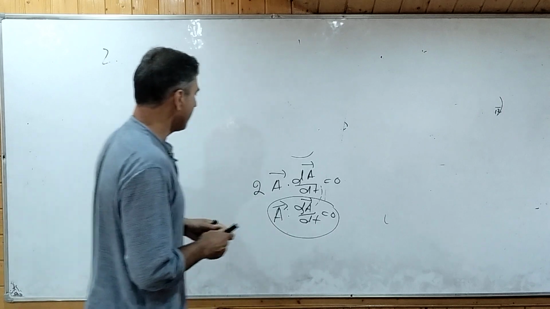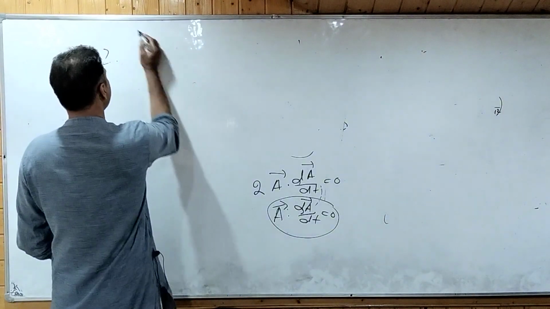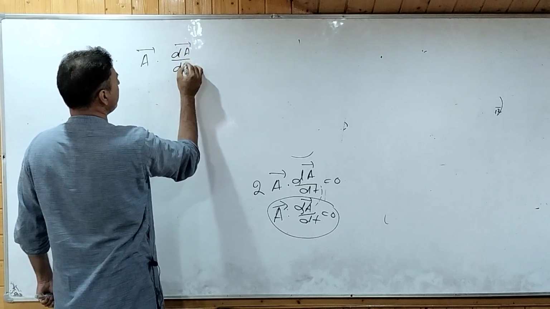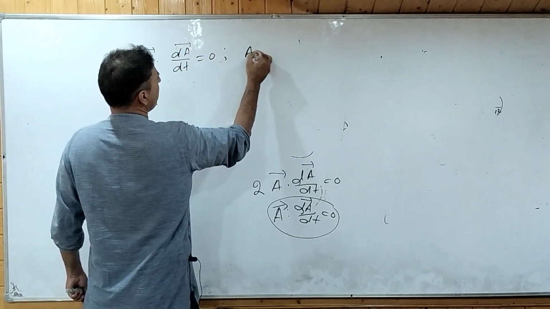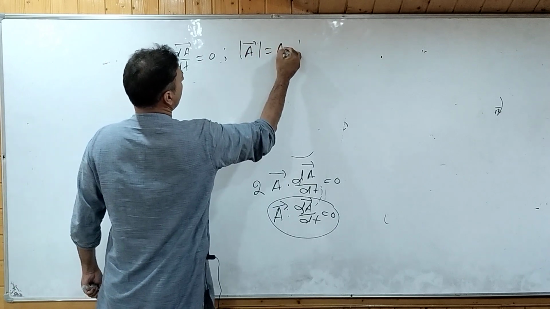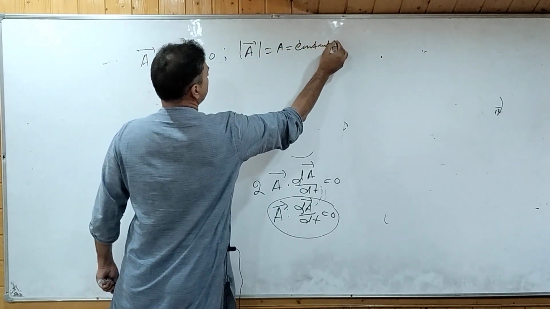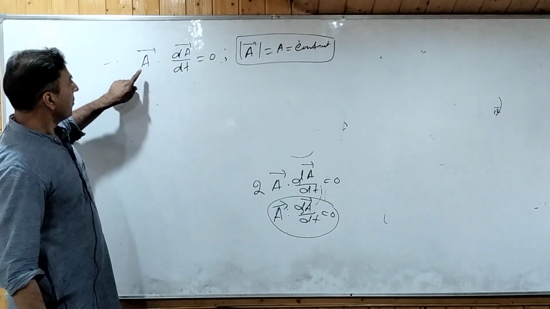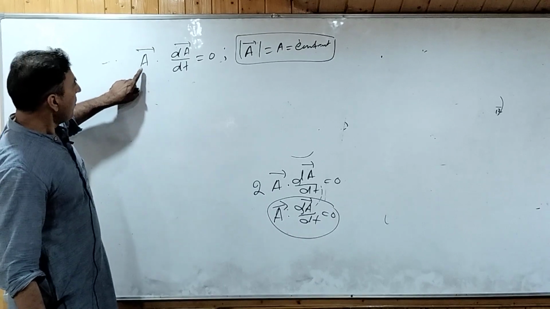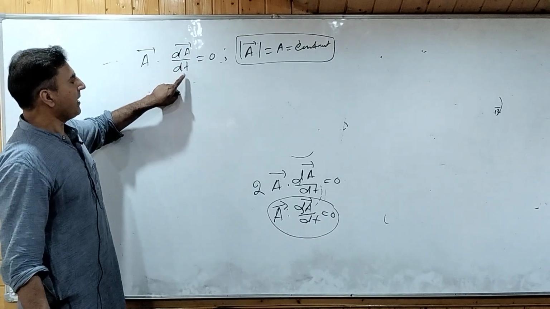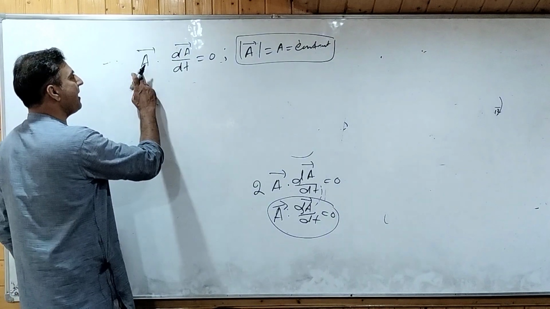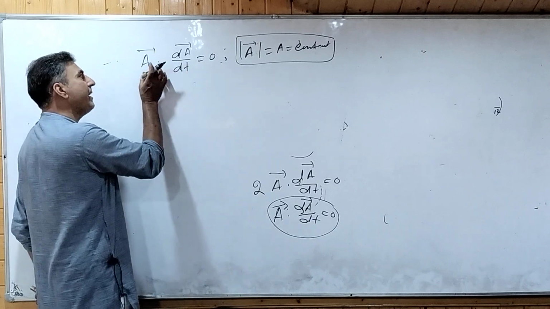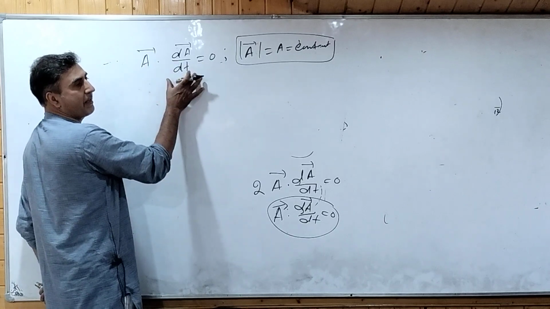The physics behind this is, if I dot vector A with dA by dt and I get 0, because the magnitude of A is constant, it means if the magnitude of a vector is constant, then the vector and its derivative are perpendicular to each other, meaning A and dA by dt are perpendicular, because you know if the dot product of two vectors is 0 then they are perpendicular, they are normal to each other.